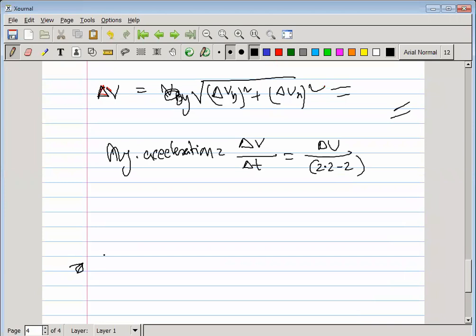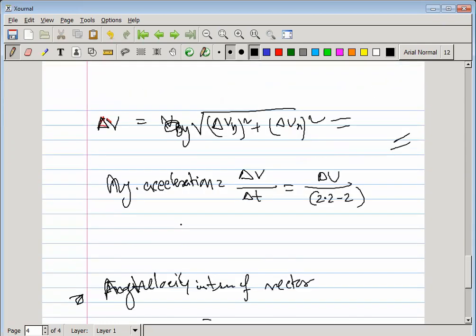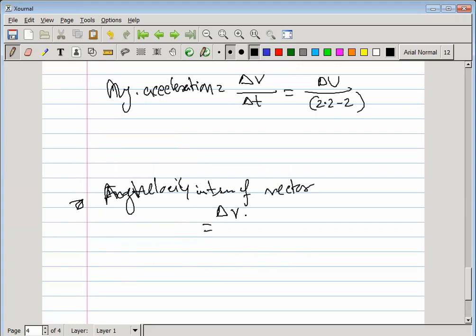We can also write the average acceleration in terms of vector: delta Vx by delta t as the i component, plus delta Vy by delta t as the j component. So you have to solve these two things.